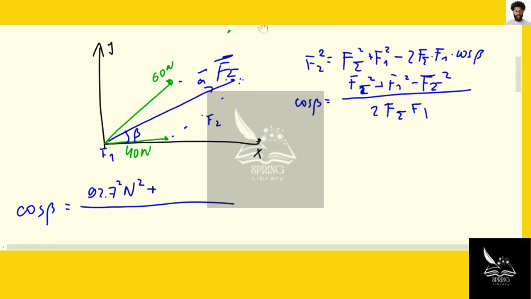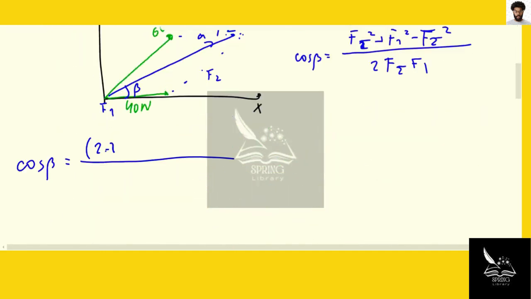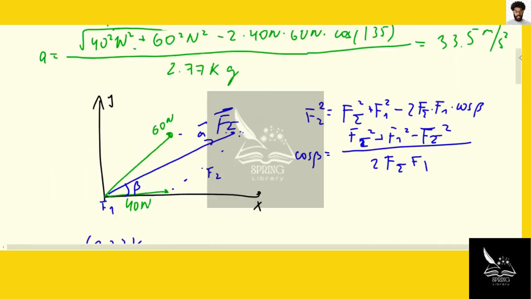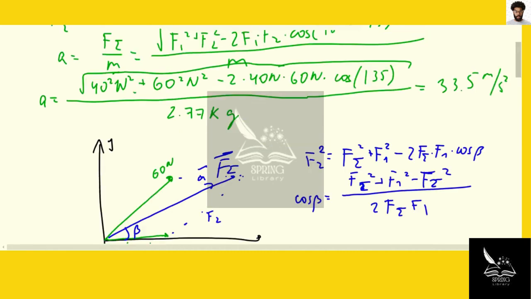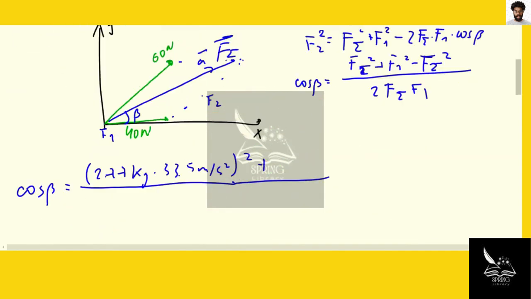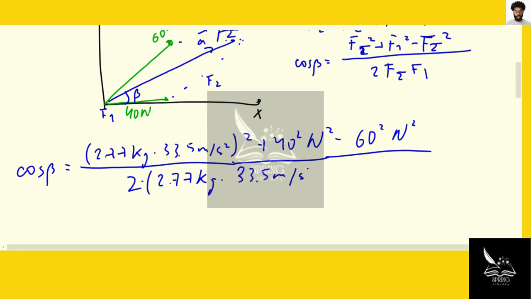F total, we've calculated it before, equals 2.77 kilograms multiplied by 33.5 meters per second squared, all squared, plus F1, which is 40 squared newtons squared, minus 60 squared newtons squared, and it's all divided by 2 multiplied by 2.77 kilograms multiplied by 33.5 meters per second squared, and multiplied by 40 newtons.